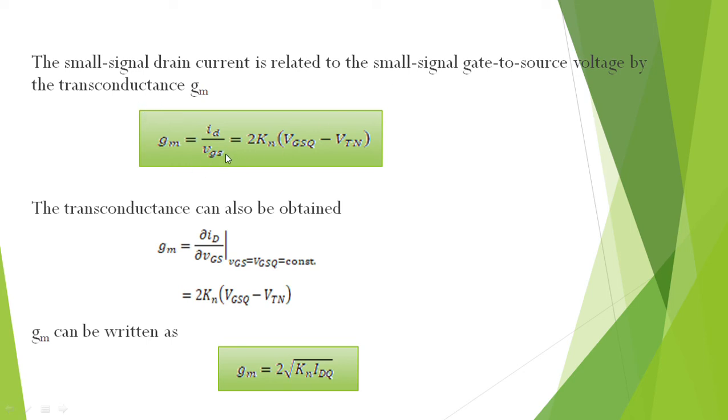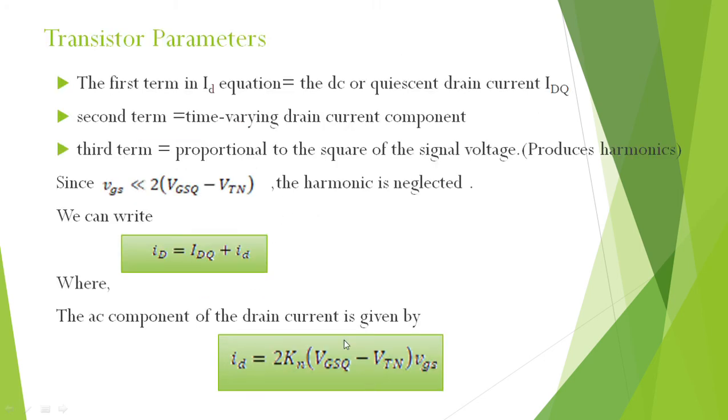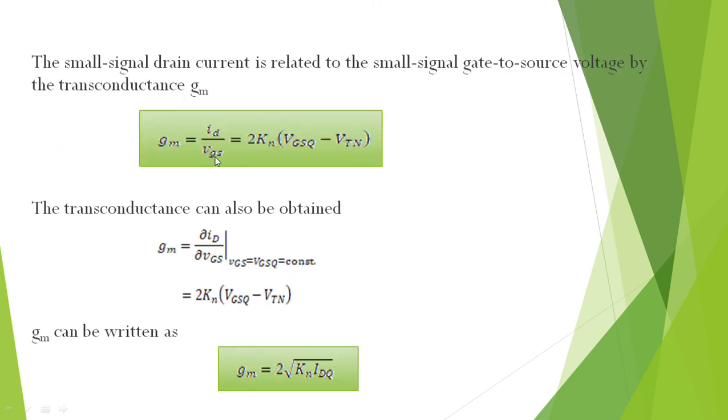In the place of id, we substitute this equation and divide by vgs, where vgs gets cancelled. So we get the transconductance of a MOSFET equal to 2 into Kn into VGSQ minus Vtn. This transconductance can also be obtained from the equation dou ID by dou VGS, and can also be written as gm equal to 2 into root of Kn into IDQ.